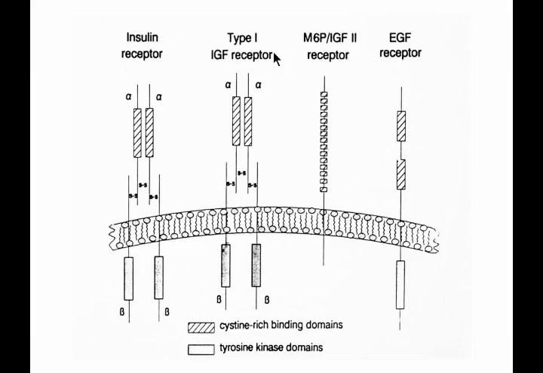The reason it's called IGF-1, insulin-like growth factor 1, is that its receptor is very similar to the insulin receptor. There's even crosstalk between these two receptors, in that IGF-1 at high enough concentration will activate the insulin receptor, and insulin will also activate at high concentrations the IGF-1 receptor.